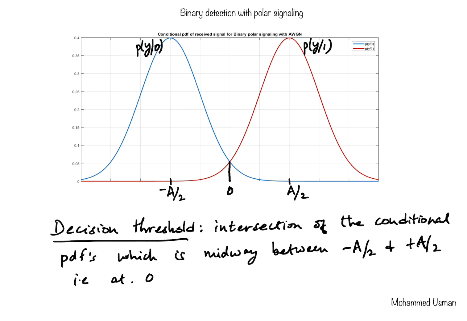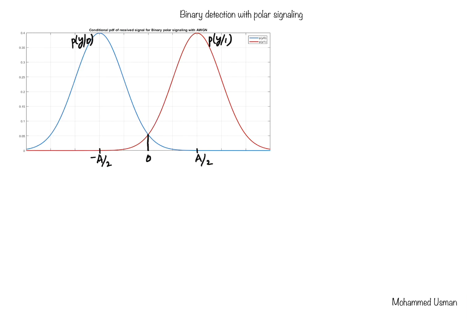Then we have to make a decision rule. So the decision rule next is going to be, using this decision threshold now, we will make a decision rule, which is something like this.